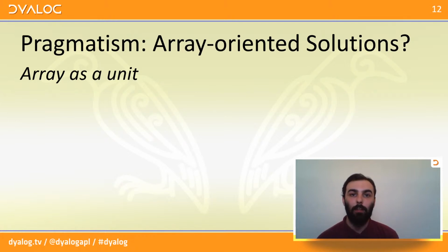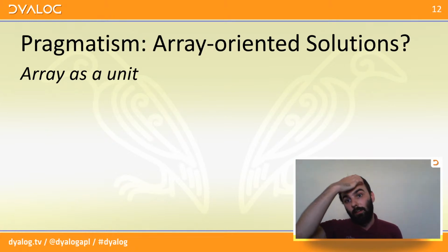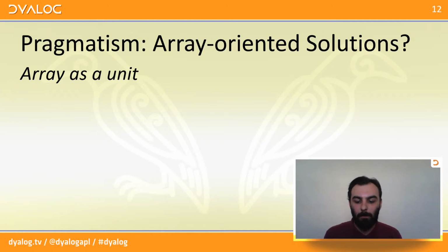Yes, so for the pragmatic viewer, someone who has just learned what array-oriented programming is and wants to get as much out of it in as little time as possible, what are the techniques and what are the approaches I can take to do array-oriented problem solving?